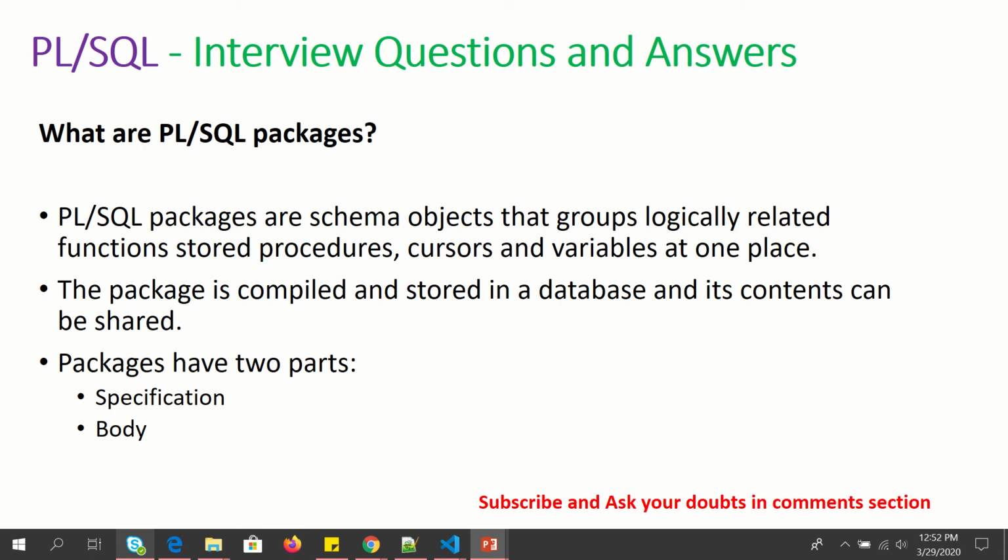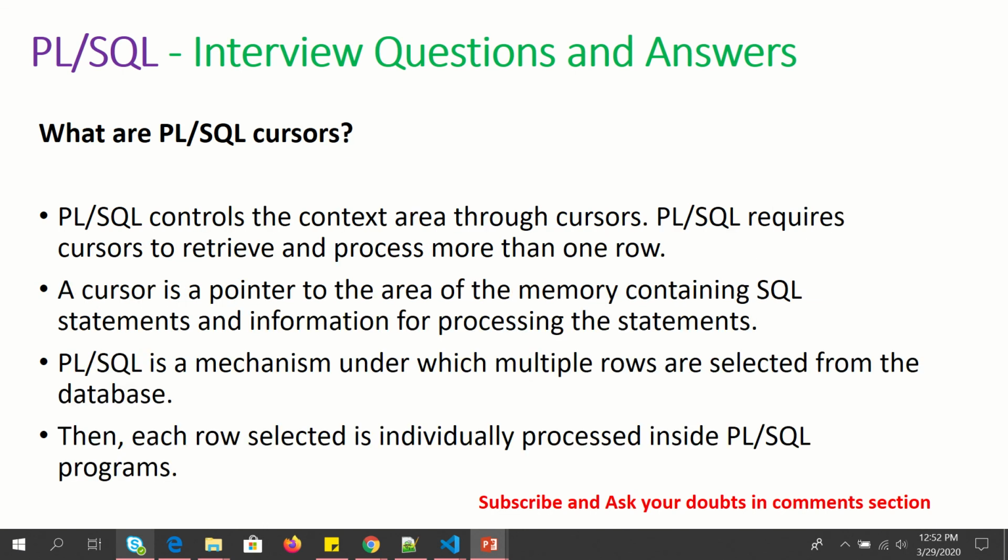What are PL SQL packages? Now PL SQL packages are schema objects that group logically related functions, stored procedures, cursors, variables at one place. The package is compiled and stored in a database, and its contents can be shared. Packages have two parts: specification and body. What are PL SQL cursors?